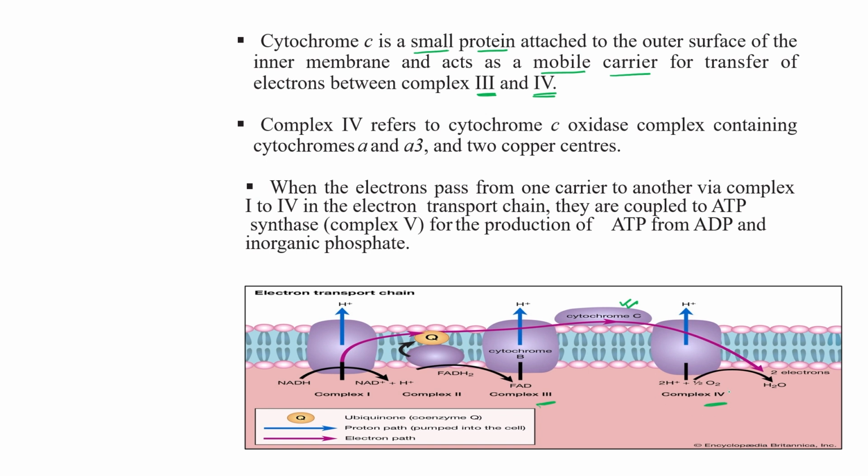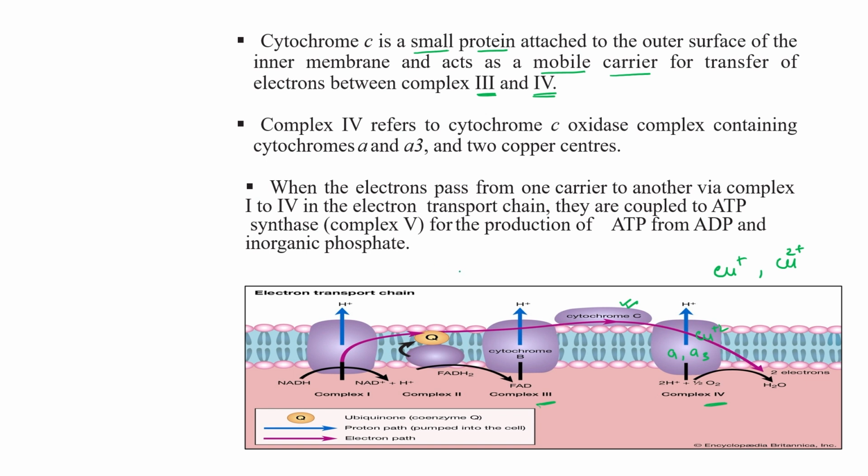And this complex 4 is referred to as the cytochrome C oxidase complex, containing cytochrome A and A3 and 2 copper centers, because the copper ion can be present as Cu+ or Cu2+, and in both ionic forms it acts as a stable molecule.